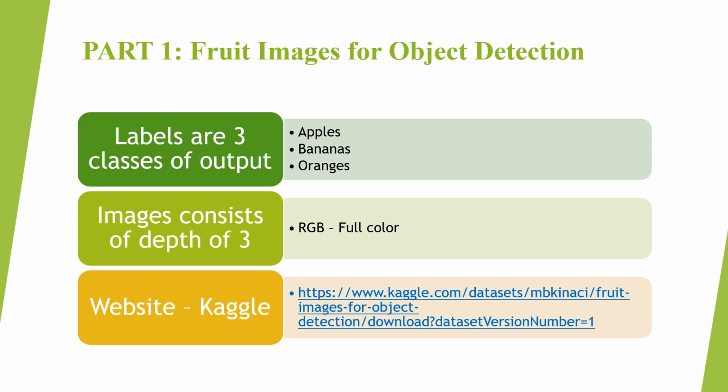And as I stated earlier, the website where the actual images were found is Kaggle, and attached here is the actual website and the link that you can click on to find those data sets for those images as well.